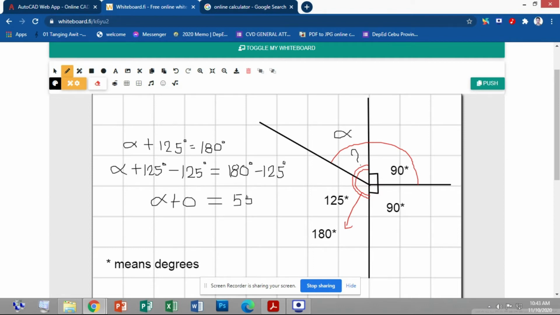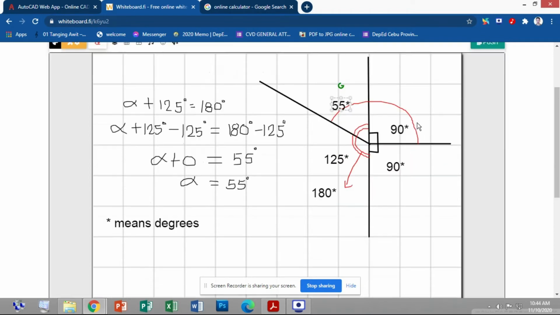Alpha now is equal to 55 degrees. So therefore, our alpha here is not a question mark anymore, it is actually 55 degrees. So ito, 55 degrees natin dyan.